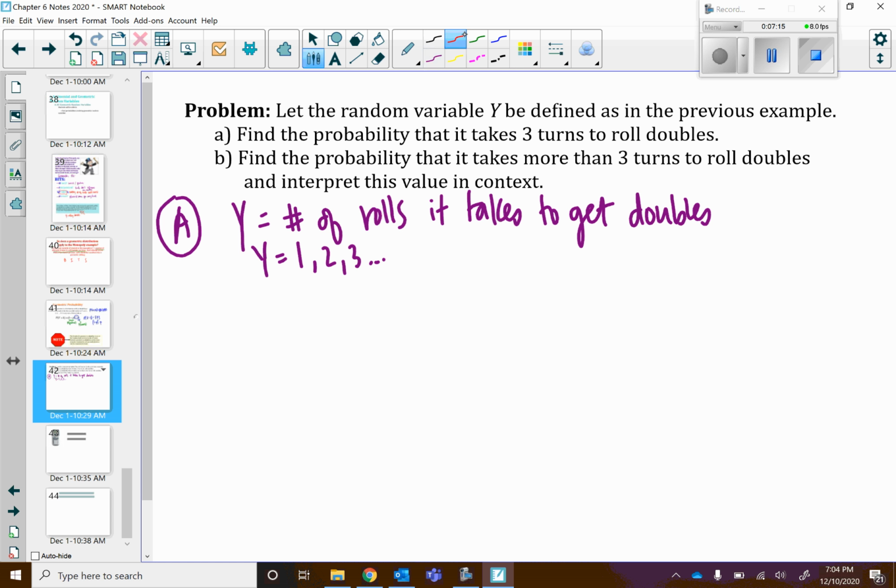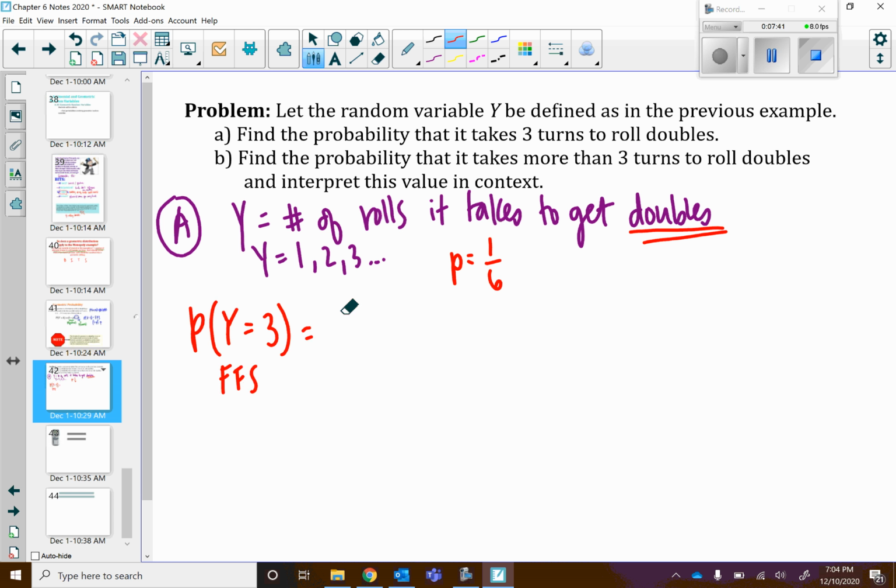I know that the probability of a success rolling doubles is 1/6. So if I want to find the probability that I get a success on my third roll, it takes 3 turns to succeed. So I get a success on the third. That means I'm failing, and succeeding.